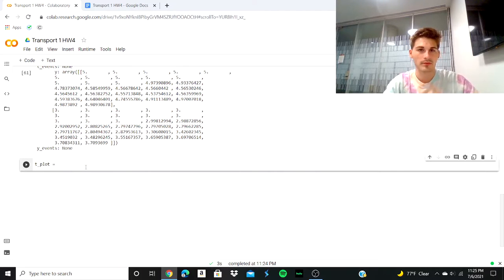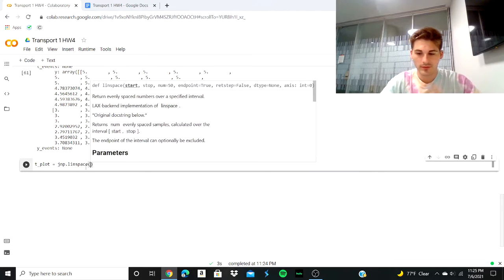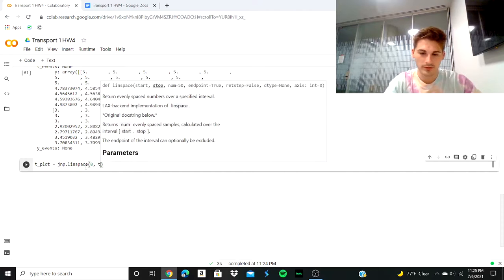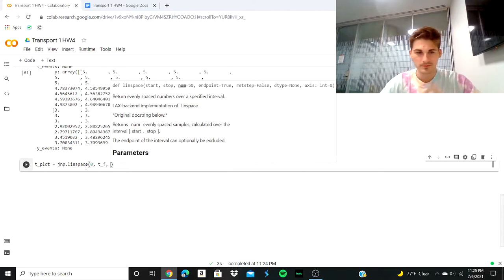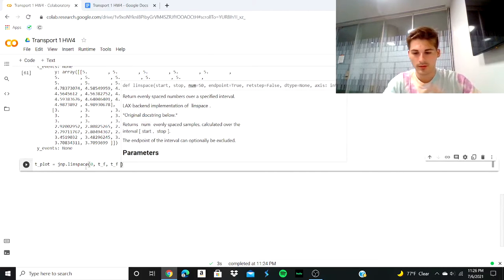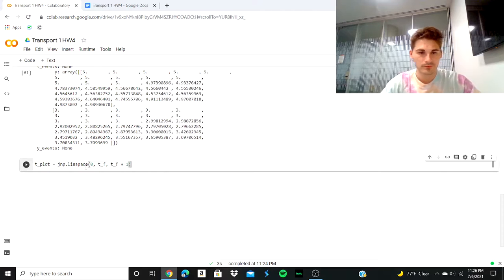We'll create a time interval. It's called tplot because we're going to create a plot for this, and it's going to be a list of evenly spaced time instances. So linspace 0 to 3,000, which is t final, and say we want 3,000 evenly spaced points, well, tf plus 1.